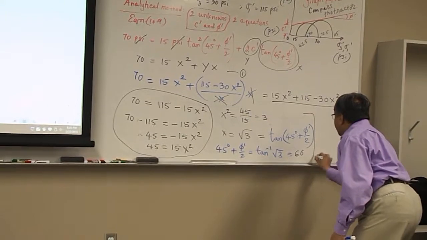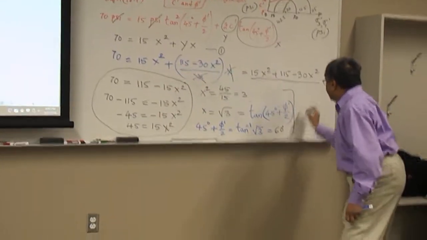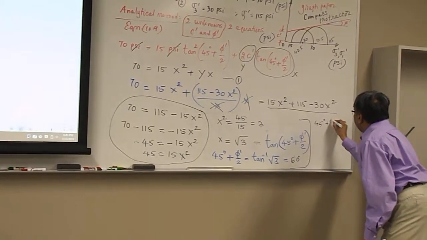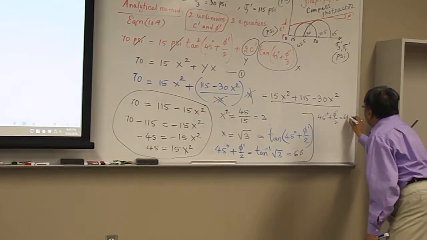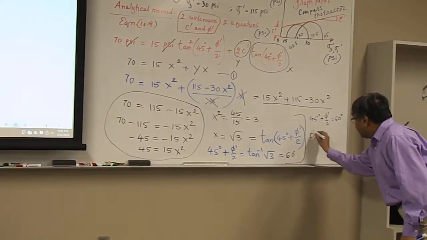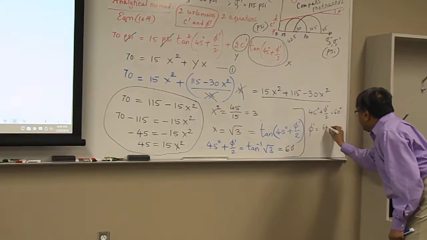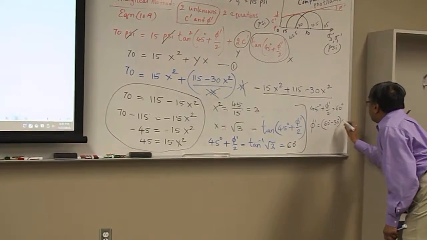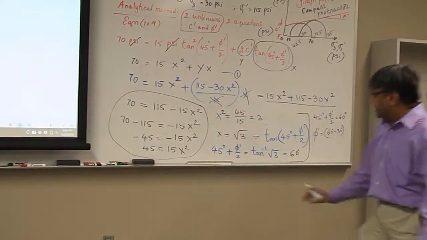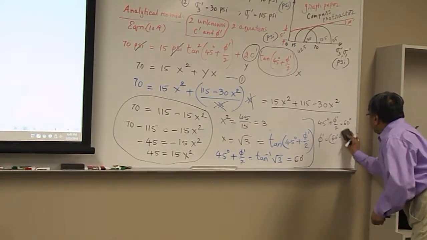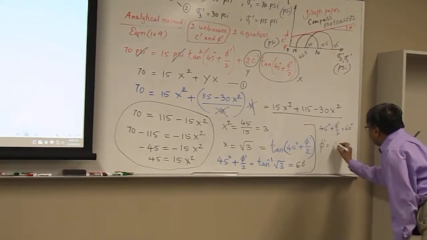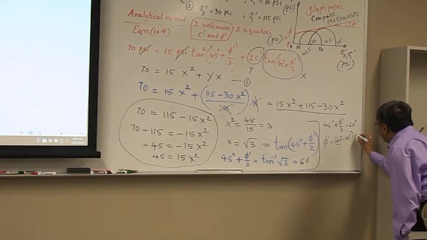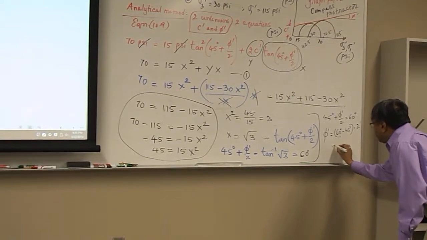That means from this we can calculate 45 degree plus phi prime over 2 is 60 degrees. You can rearrange and get phi prime as 60 degree minus 45 degree, times 2, which gives 30 degrees.